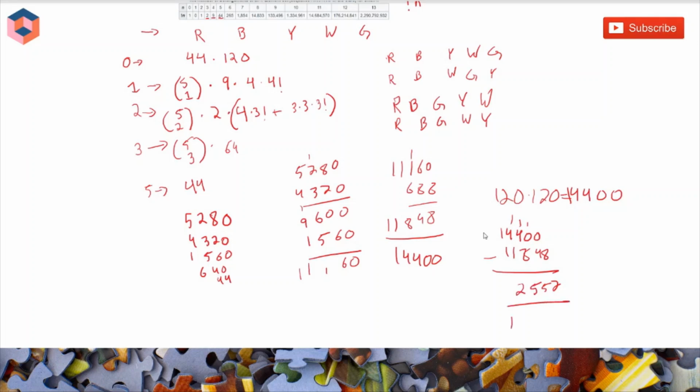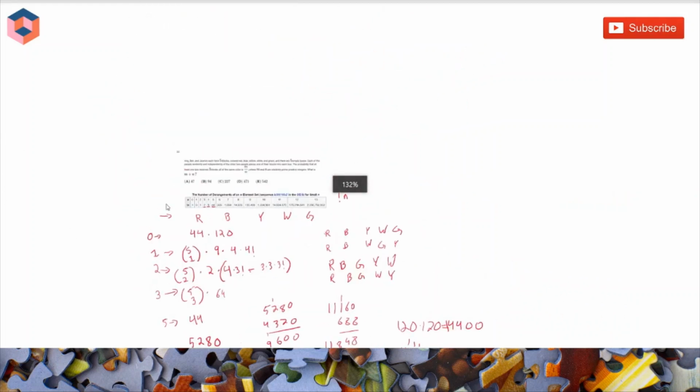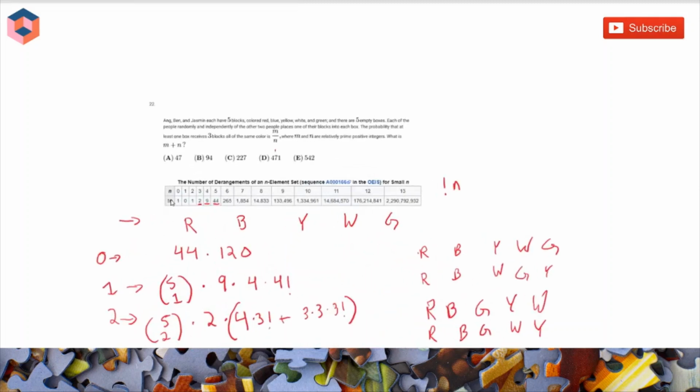And we're dividing this by 14,400. Do it yourself, it would be a good exercise just to make sure that you don't make silly mistakes, which were pretty common in this problem. But that would just be 71 over 400. Adding up the numerator and the denominator, like we were supposed to in the problem, our answer would be 71 plus 400, 471. And that is problem 22.